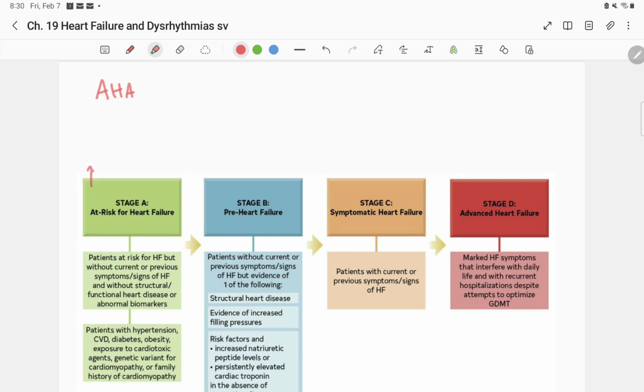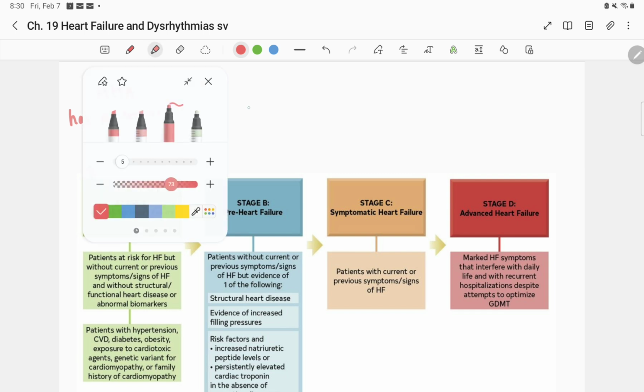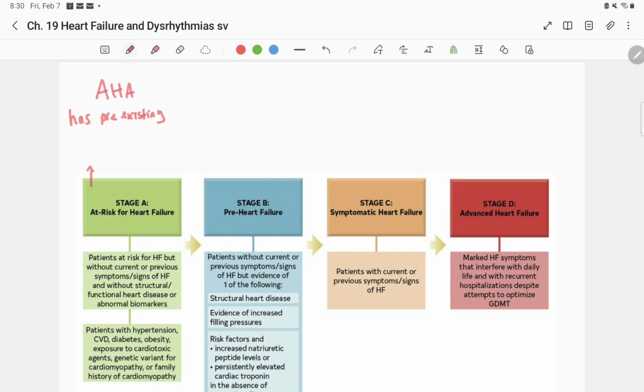So essentially, these are where the person has pre-existing conditions but no heart failure signs and symptoms.